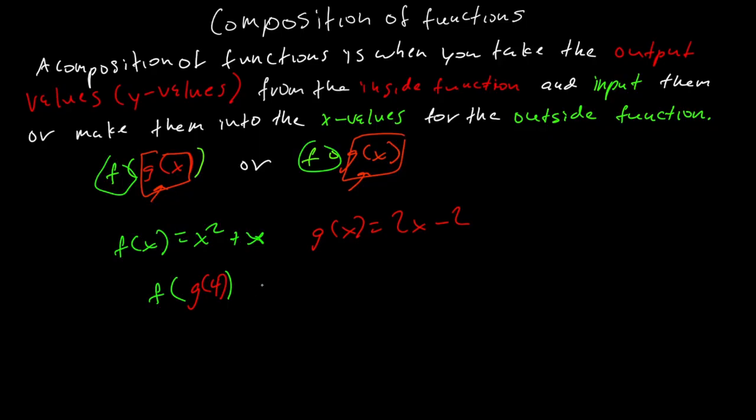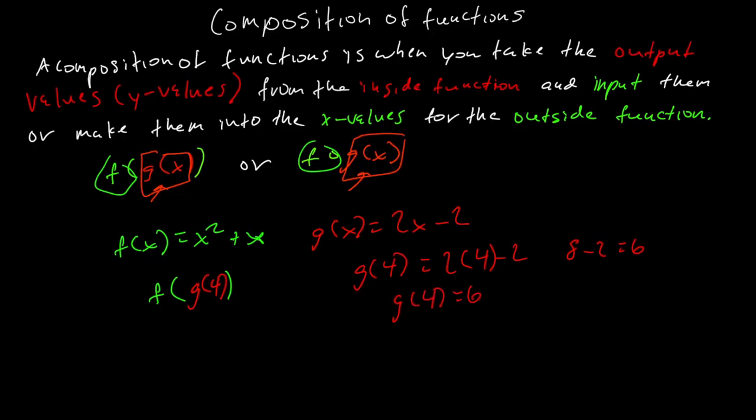And first, we would solve for g of 4, obviously. So you'd say g of 4 equals 2 times 4 minus 2. And this is just literally plugging in the number for the x value. And we can see 8 minus 2 equals 6. So g of 4 equals 6.